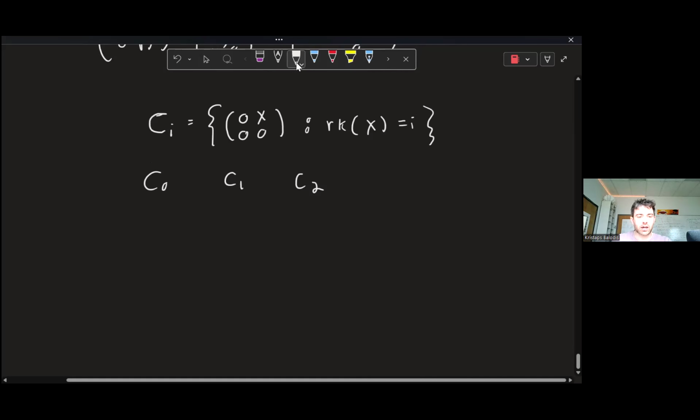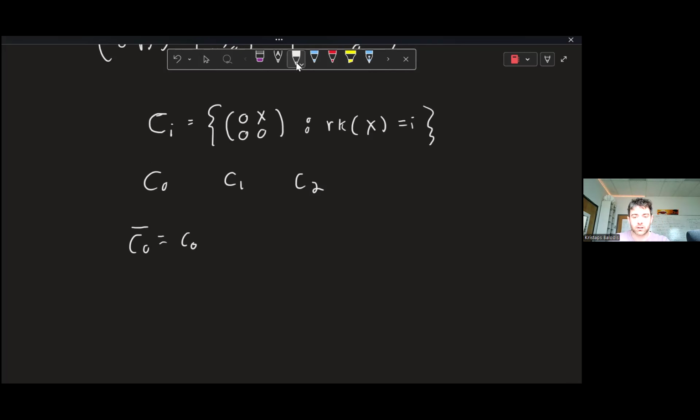And again, the closure of C0 is just itself. That's smooth. It's a point. The closure of C2 is, again, everything. So that is just a copy of C^4. Now when I'm saying C, I mean the complex numbers, C to the 4.